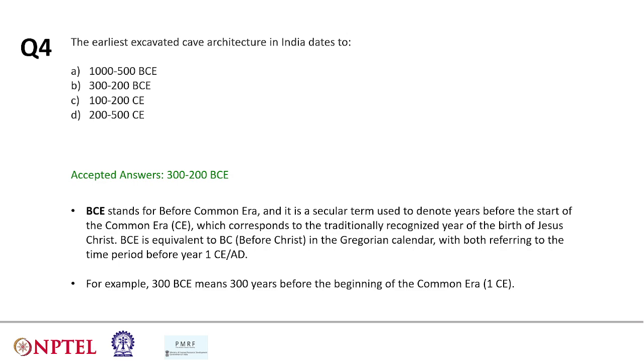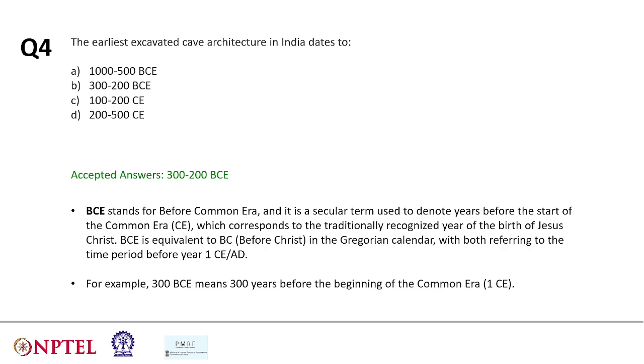So previously, what we used to do was use the terms Before Christ, BC, and AD, Anno Domini. BC referred to the time period before the birth of Christ, and AD, Anno Domini, referred to the time after the birth of Christ.